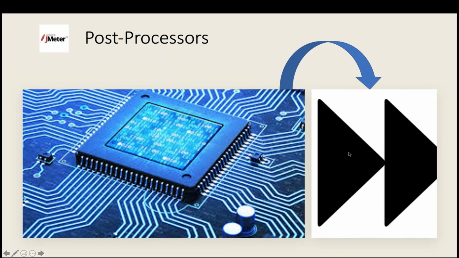From that response, we have to take something. It can be a token or some data or whatever it can be. Once a request is processed, we get a response, and from the response I will take some data and proceed with the next set of test steps using that particular data. That we can achieve with the help of post processors in JMeter.